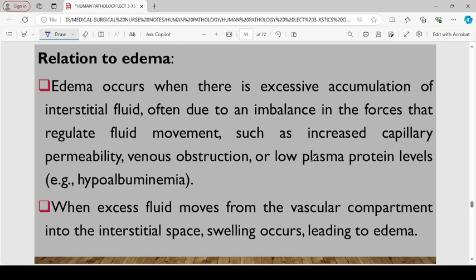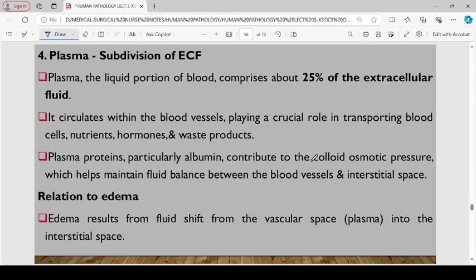Edema will occur when there is excessive accumulation of interstitial fluid, often due to imbalance in the forces that regulate fluid movement, such as increased capillary permeability, venous obstruction, or low plasma proteins, like hypoalbuminemia. When excessive fluid moves from the vascular compartment to the interstitial space, swelling normally occurs, and this will lead to edema, which we are interested in for today.